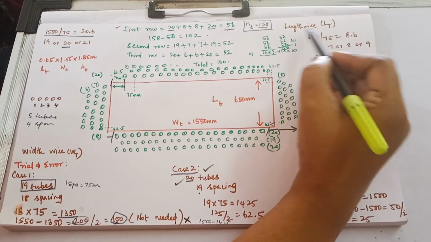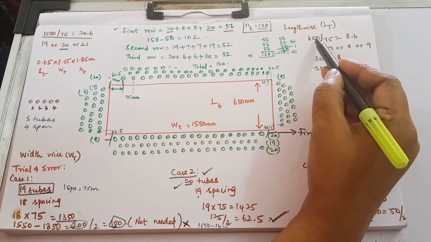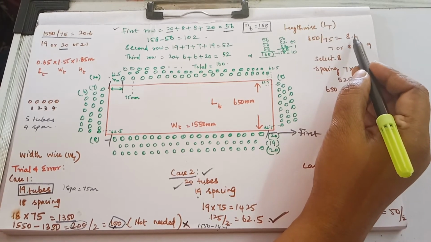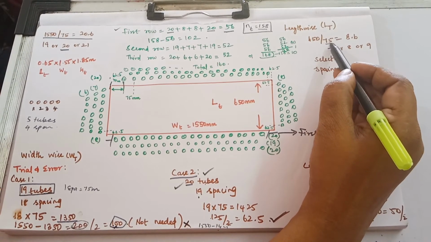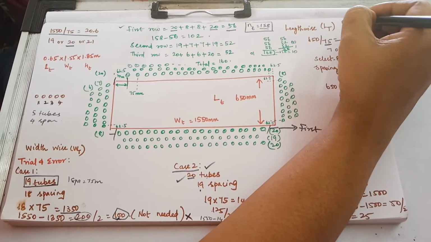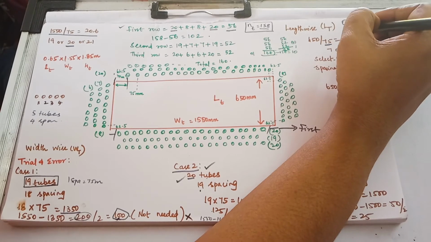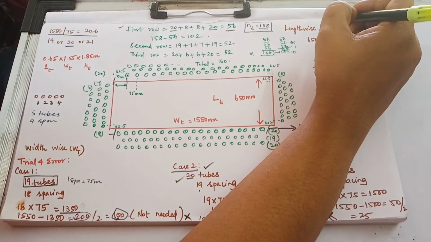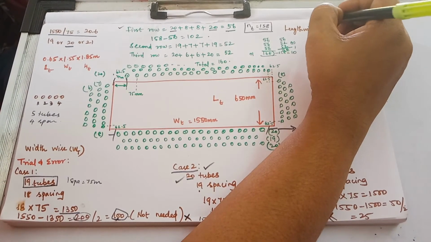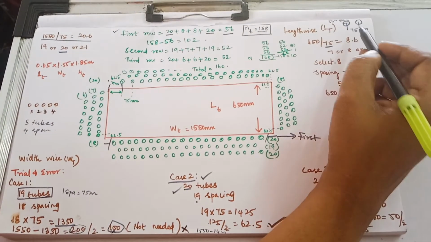Already I calculated that the distance here is 650 divided by 75, which is 8.6. Here 75 is the distance between two tubes, 75 mm, and normally the diameter of the tube is 50 mm, which is a constant value.